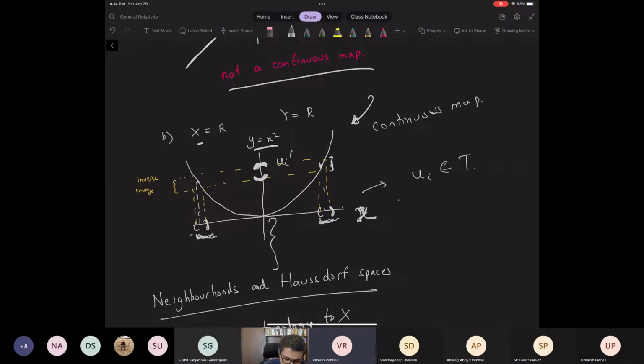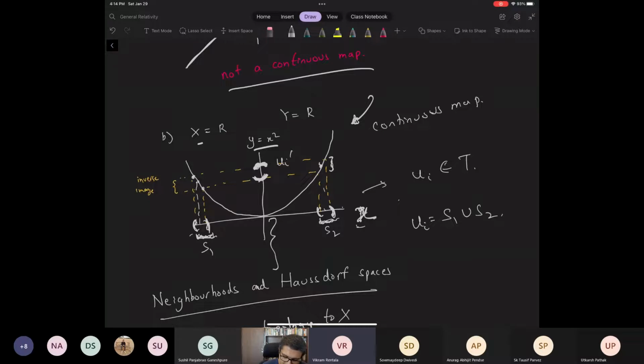I find the inverse image in X of these points, and similarly the inverse image of these points. Let me call these sets S1 and S2, and the union of S1 and S2 is the inverse image, which I'll denote U_I.